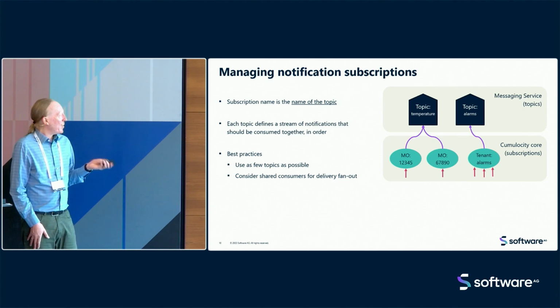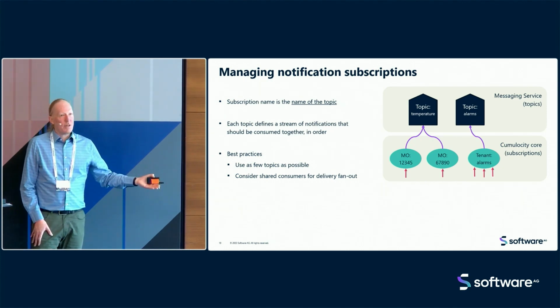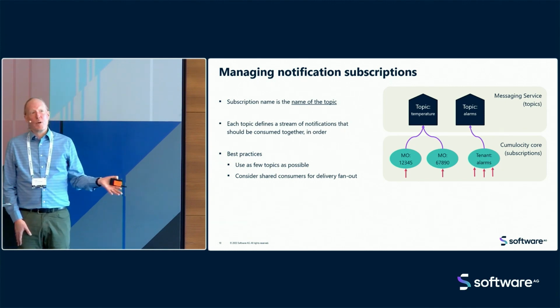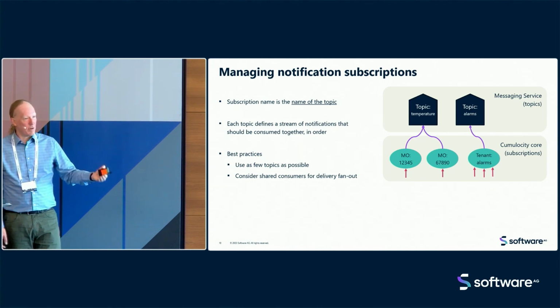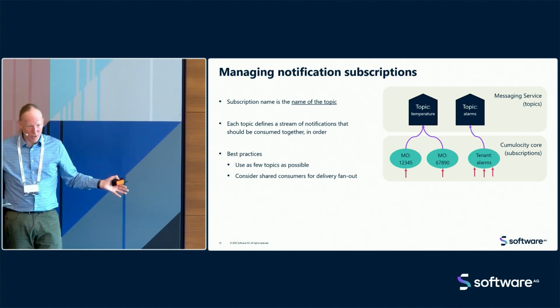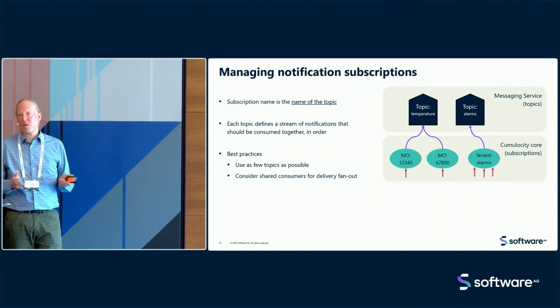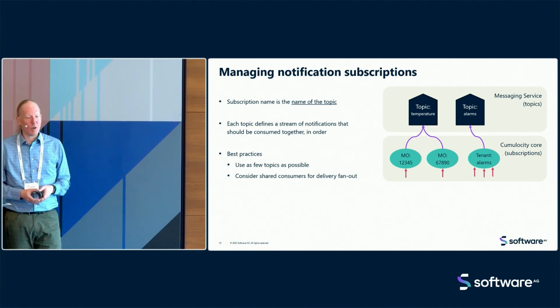So there's a couple of best practices that sort of follow on from that. One is that you should probably try to use as few topics as possible. We see a lot of people create a subscription with a different name, meaning a different topic, for every single one of their devices, which will work, a perfectly feasible way of doing it, and if it makes sense for your application, fine, no problem with doing that.